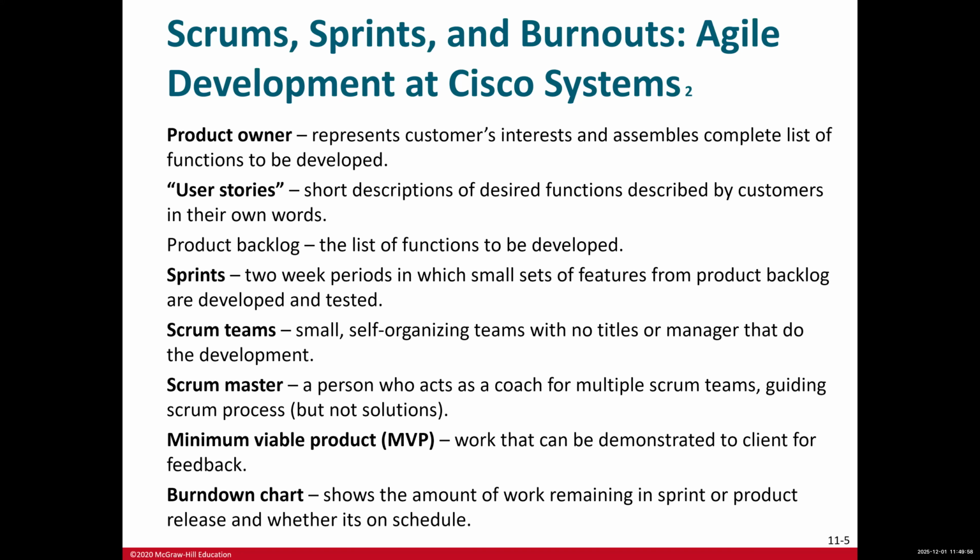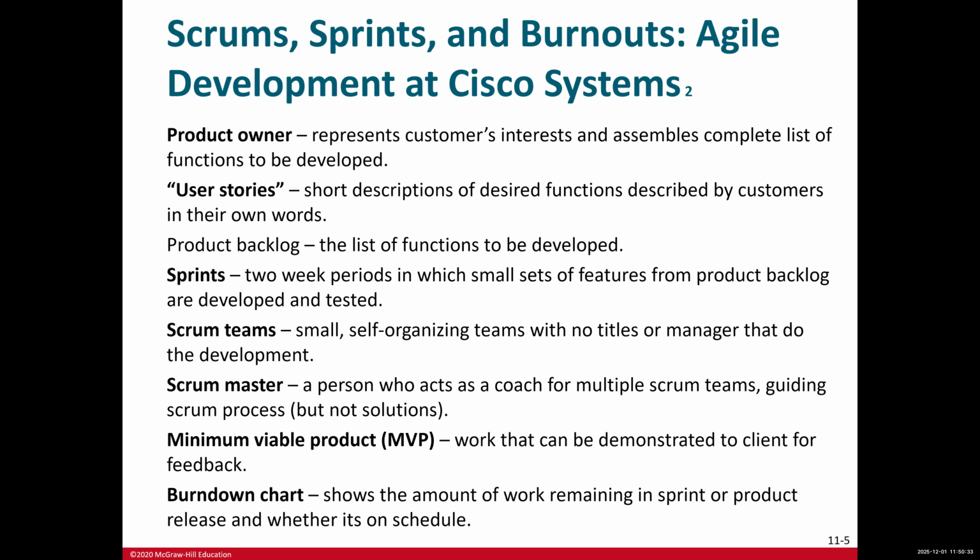Another concept that you need to understand is the concept of MVP, or minimum viable product. This is one of the key ideas in Scrum. It is a version of the product that includes just enough features to be usable and to provide value to the customer.